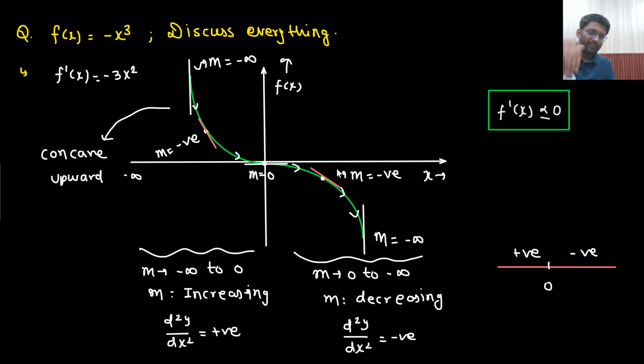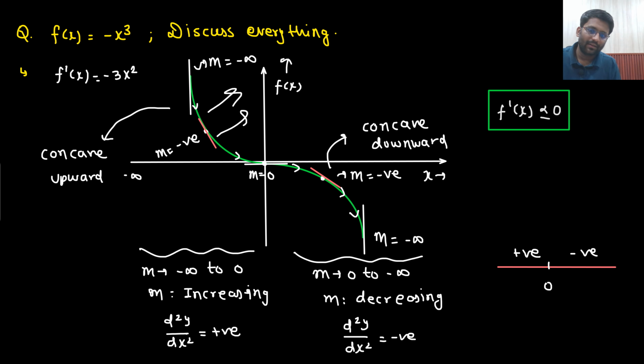And if you see this nature, this graph is looking concave downward. Concave upward and concave downward.